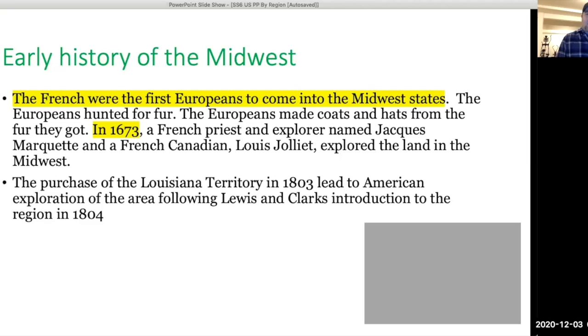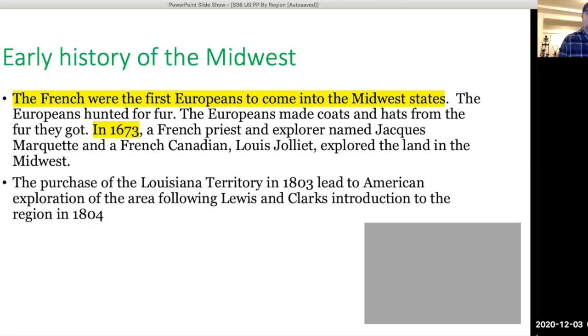In 1673, a French priest and explorer named Jacques Marquette and a French Canadian named Louis Joliet explored the land in the Midwest. The purchase of the Louisiana Territory in 1803 led to American exploration of the area following Lewis and Clark's introduction to the region in 1804.